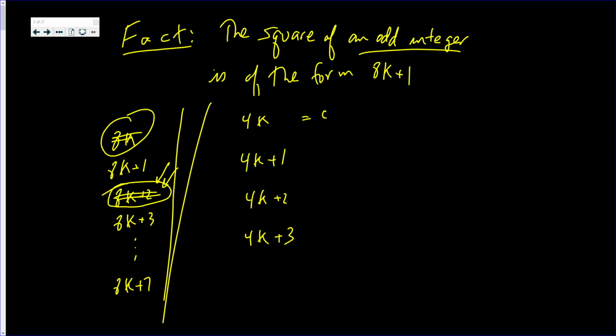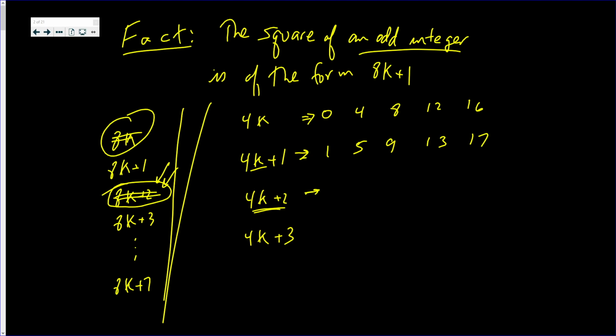These numbers have 4 times 0, 4 times 1, 4 times 2, 4 times 3, 4 times 4. These numbers are one more than 4k. There's 1 and 5 and 9 and 13 and 17. These numbers are 2 more than the 4 table.